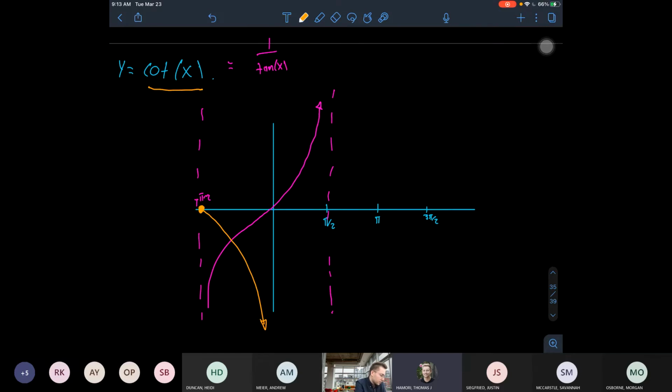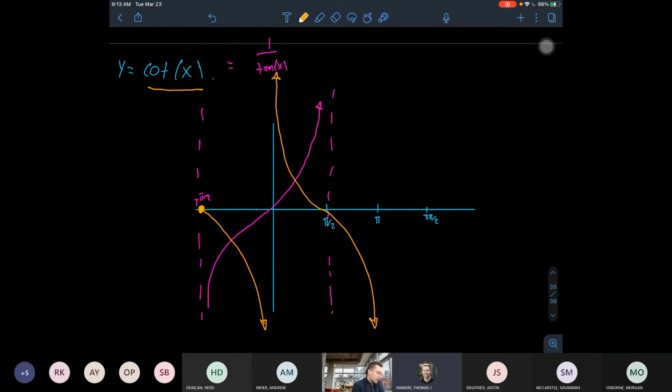And then on the right side, we'll be going up to infinity. And again, looking kind of like this, I think. So the places where tangent of x is going to infinity, we have cotangent of x going to 0. And the places where tangent of x is going to 0, we have cotangent of x going to either positive or negative infinity.